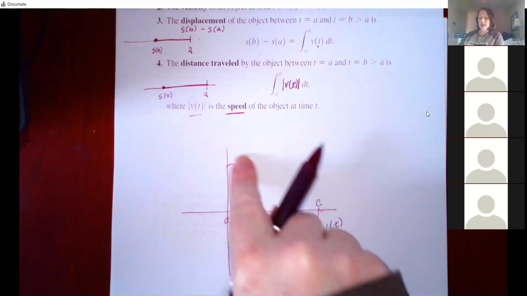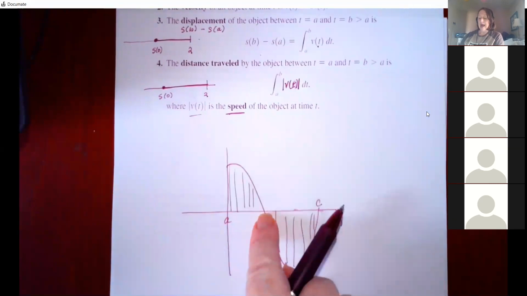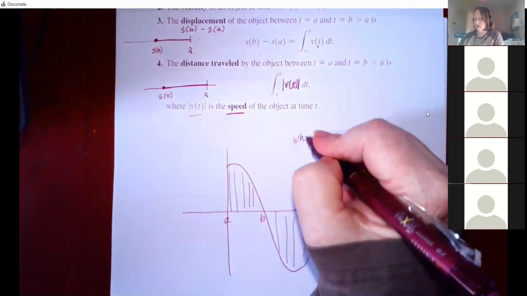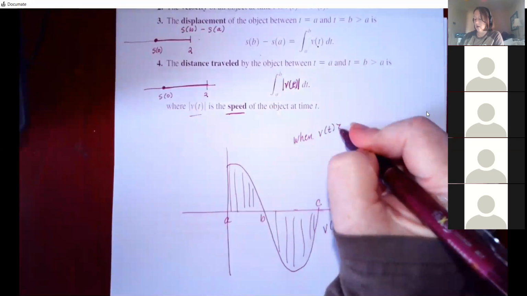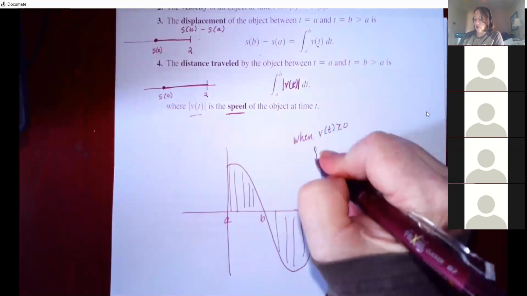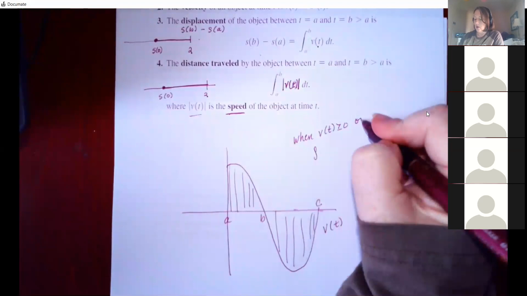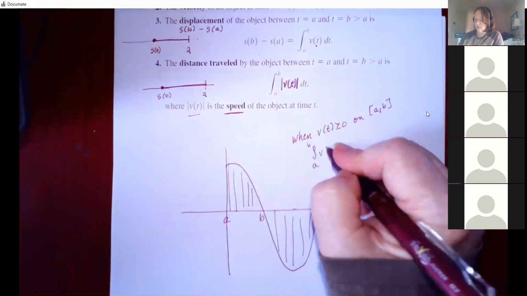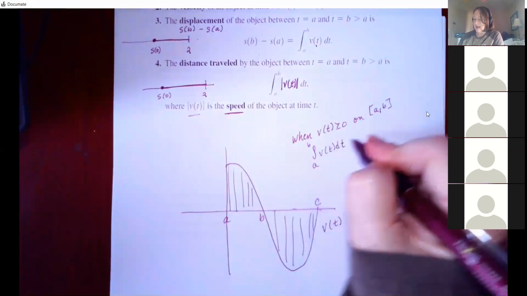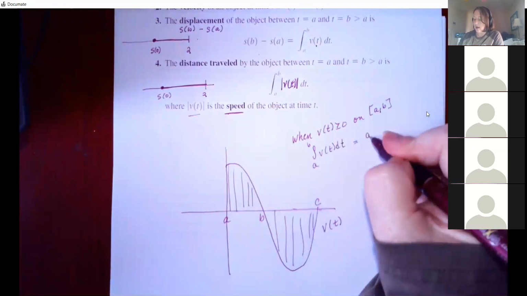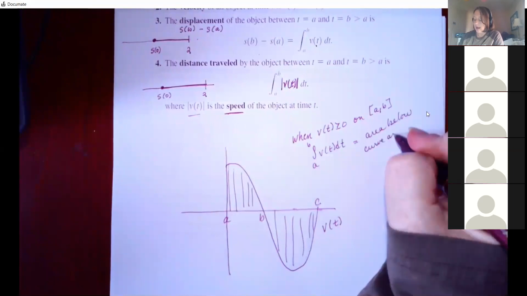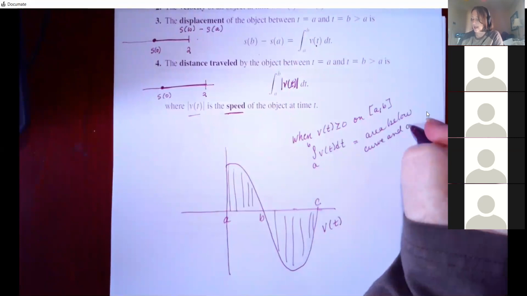When your function is non-negative, in other words, at or above the horizontal axis, in general, the integral of that function over that interval is equal to the area below the curve and above the x-axis, or in this case, the t-axis.